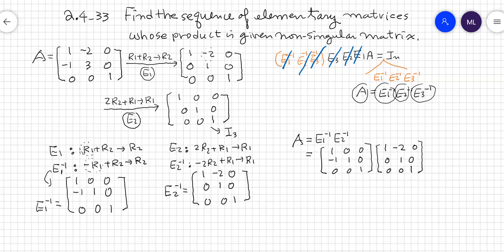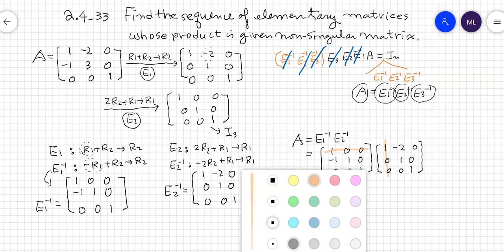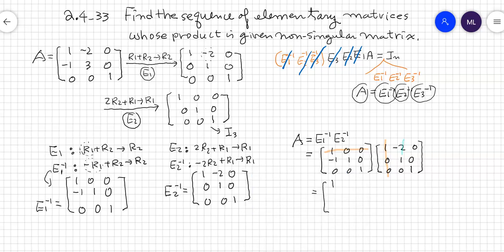So let's confirm. Now, you want to multiply these. That's going to be 1. And then you want to multiply the second column, and that will give me negative 2.